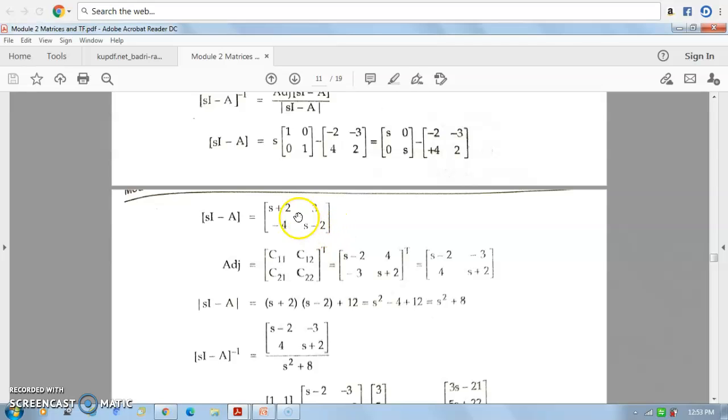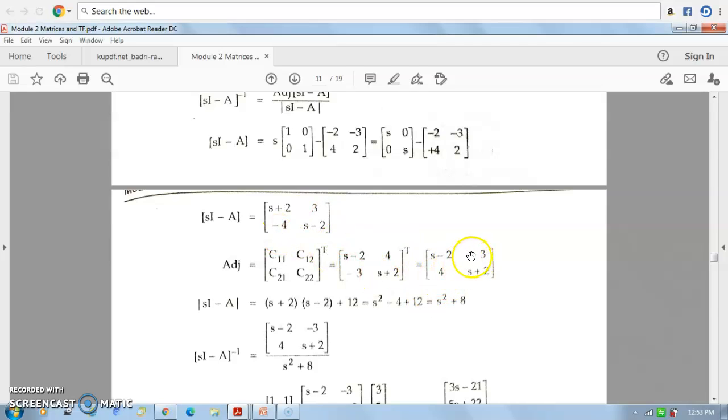See, on the left diagonal the terms are s plus 2 and s minus 2. Reverse these two elements. On the right, the off-diagonal elements, minus 4 and 3, just change the sign of these two. Here plus minus 4 becomes plus 4, and 3 becomes minus 3.